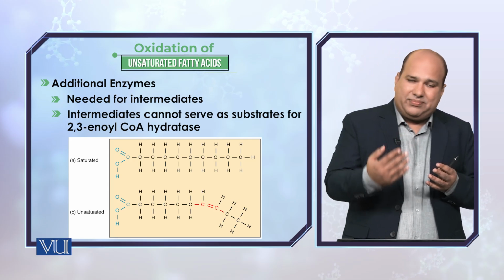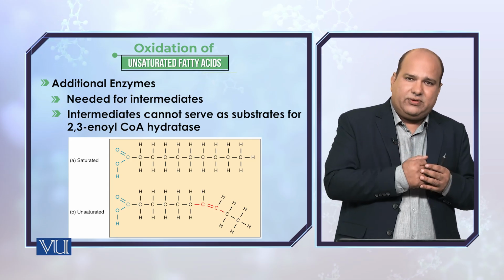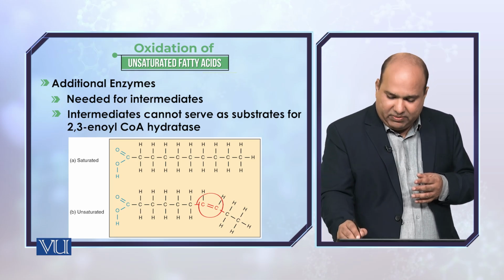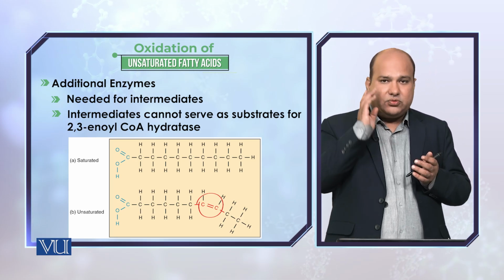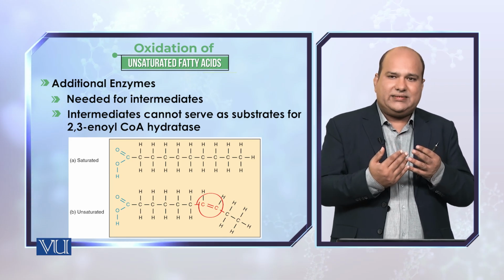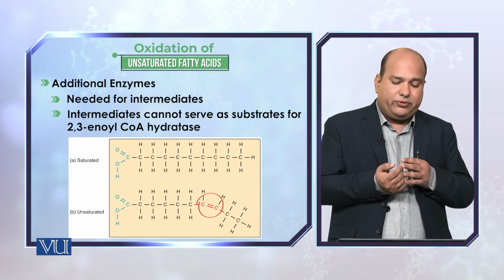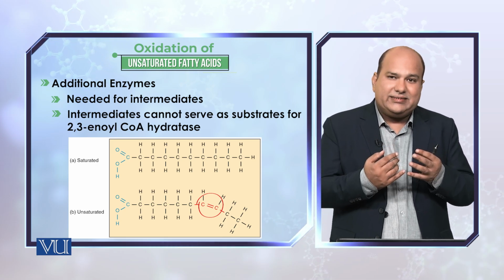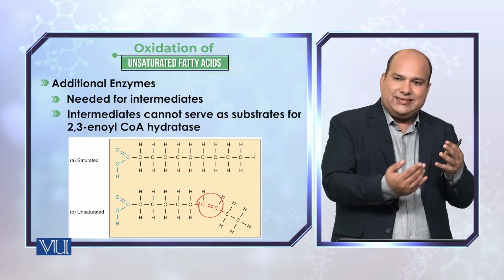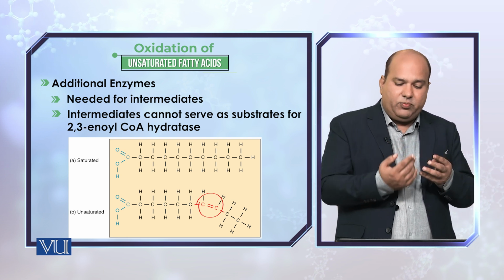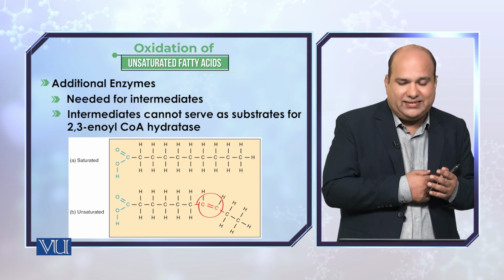You sometimes also deal with those fatty acids which have unsaturation, which have a double bond in them. So for these unsaturated compounds, nature has devised a different way. Why did nature have to devise a different way? Because the intermediates of these double bond containing compounds cannot be acted upon by the hydratase enzyme.